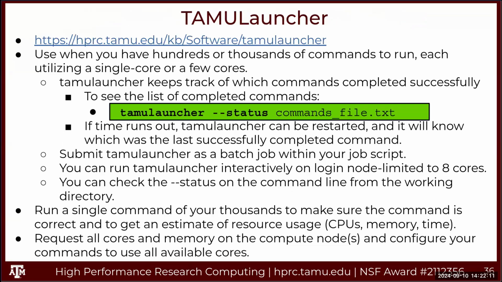All right, tamulauncher. There are sometimes when you have a lot of commands, and let's just say you have 1,000 commands you want to run. Instead of creating 1,000 jobs, you can run 1 job, and this job will handle 1,000 commands.